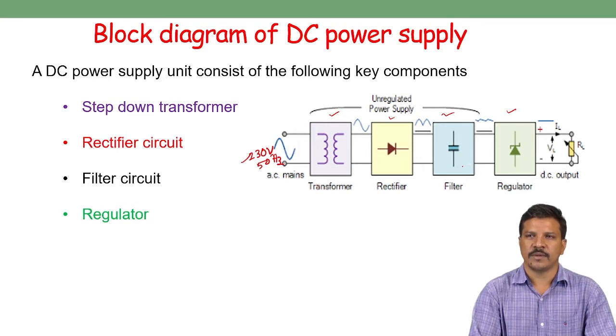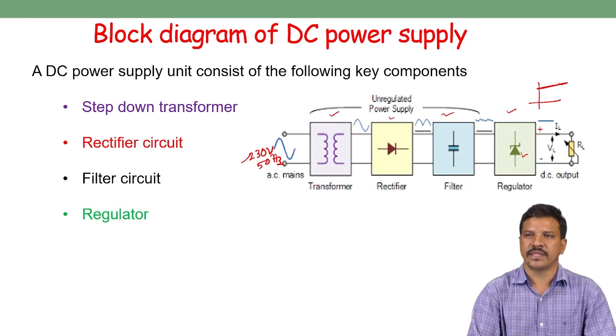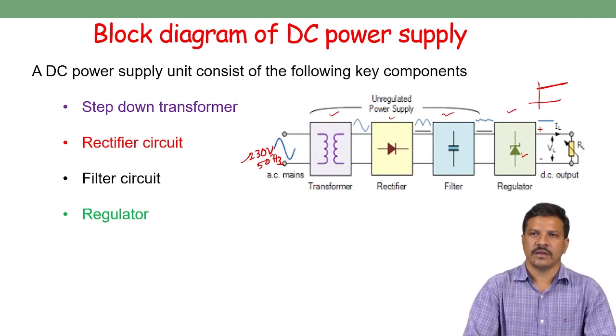The output with small ripples is given to the regulator, just like a Zener regulator. That's why we have shown the Zener diode symbol. The output of the regulator gives a perfect DC, which we represent like this. This perfect DC is given to the load resistor. The load may be anything, like LEDs, a mobile phone, or laptops, whatever the electronic loads.